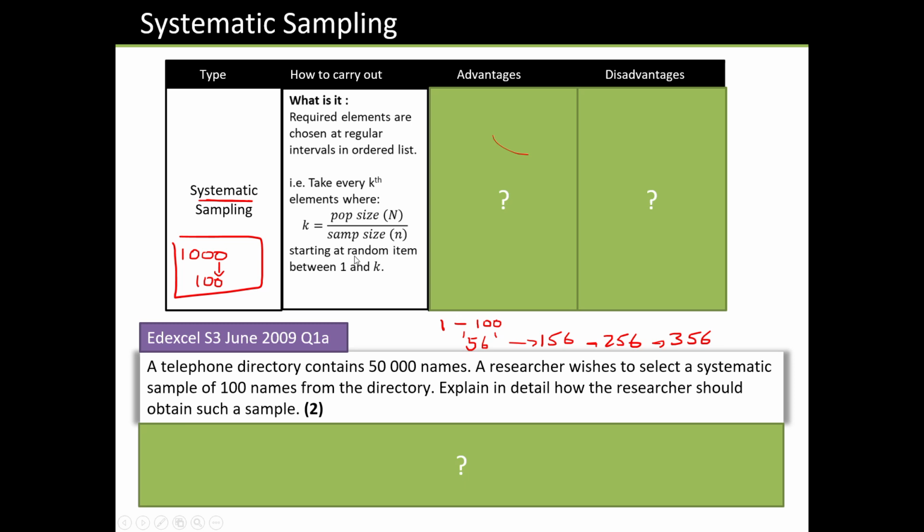Sorry, hang on a second. What did I say in this one? Let's backtrack a second. Sorry, I said 1,000. Let's change that a little bit. What I did there would be useful if I wanted 10 people. Apologies for that. If I wanted 10 people, that would be splitting up into hundreds, wouldn't it?